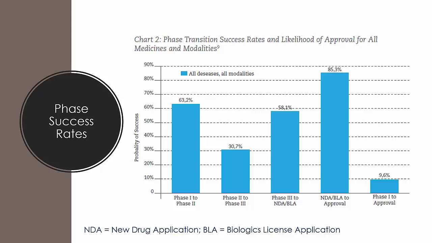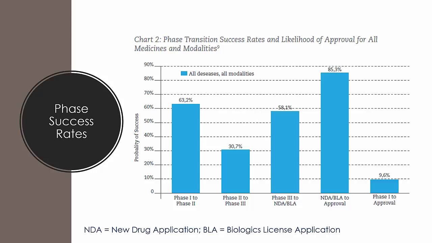But look at this final column here on the right, phase 1 to approval. This looks at the overall probability that a drug, once it starts clinical trials at phase 1, will actually get through to the end. We're looking at a chance of 9.6%. It's quite a low probability that once you even start this trialing process, you're going to get to the end.